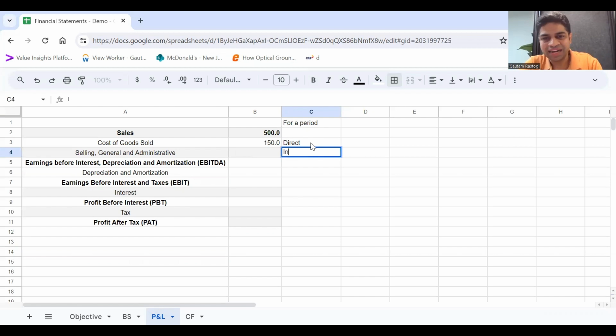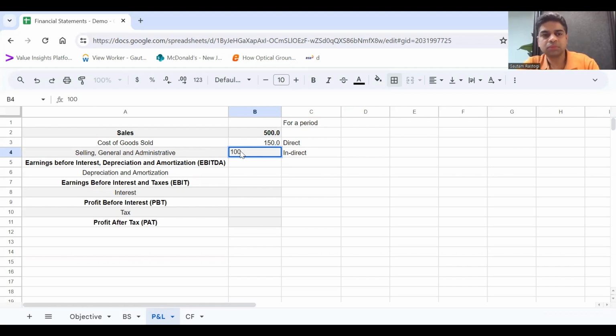SG&A is like indirect costs. Let's say you incurred any labor costs or what have you, or part of the labor could be within COGS as well, but let's just keep it simple for now. Let's say you incurred indirect cost of $100.